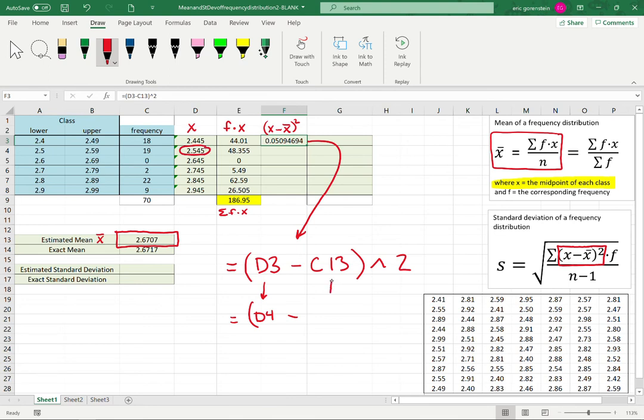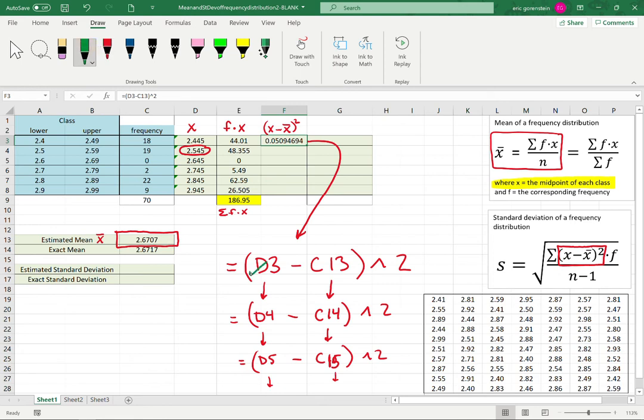But the C13 changes to C14. And then when I drag it down to the next cell, the D4 becomes a D5, and the C14 becomes a C15. And so on.